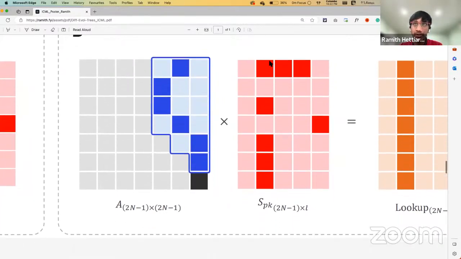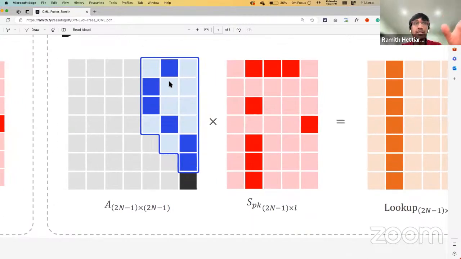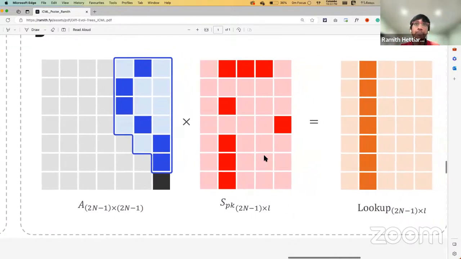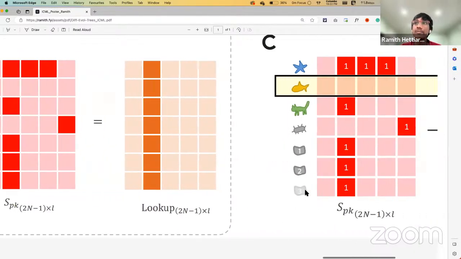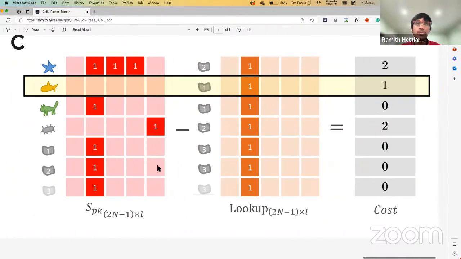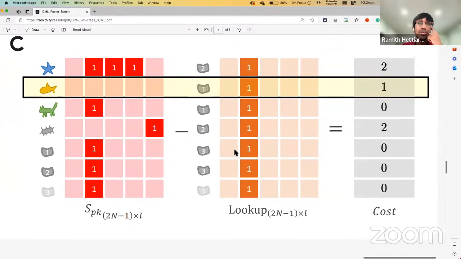These are all the sequences in that character dimension, on the right side. This is the connections, so this multiplication means we are just looking up which sequence to pick. In that way, we can get the parents. And finally, we just take the absolute difference of these two. That's the intuition of this cost function.